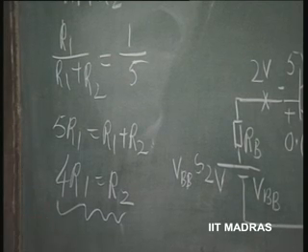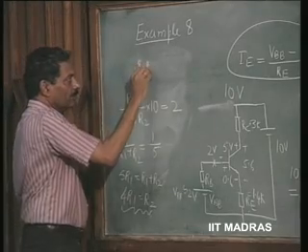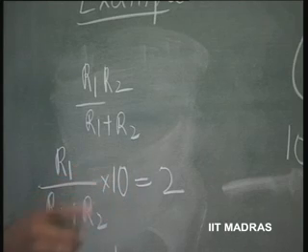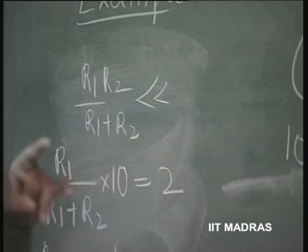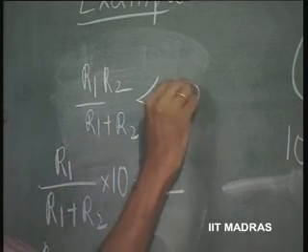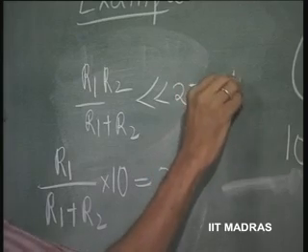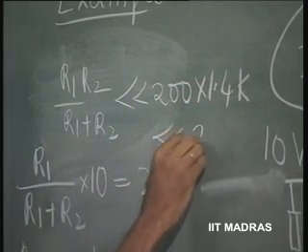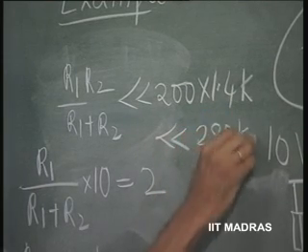And how do I select R1 parallel R2? That we already know. R1 parallel R2 shall be much less than beta plus 1, which is 200 in this case, into RE, 1.4 K. That means much less than 280 kilo ohms.